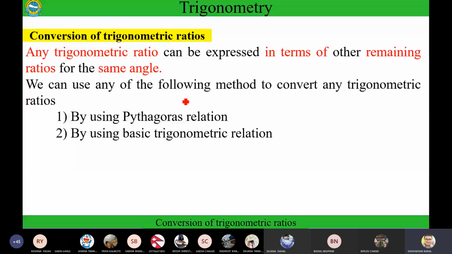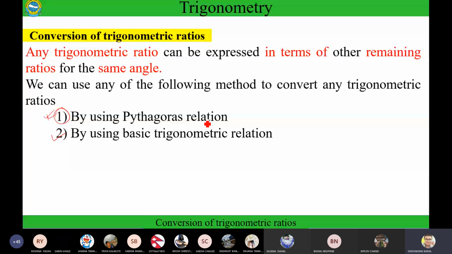The basic trigonometric relation means the relations of the trigonometric ratios that we have read in the last class. That is the reciprocal relation, quotient relation, and the square relation. These are the very basic, or the ABC of trigonometry, that you need to know if you want to go through the second method. But I will follow this first method in almost all the questions, because this is relatively easier for you to solve the questions.